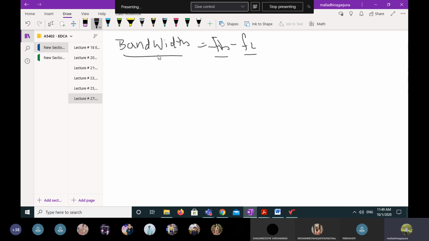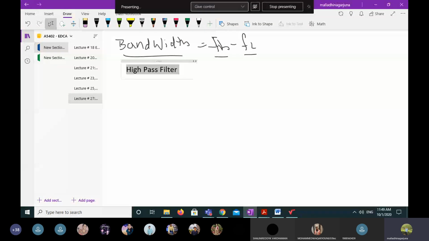See, in nature, basically there are two types of filters. That is the high pass filter, the filter which allows only high frequencies.